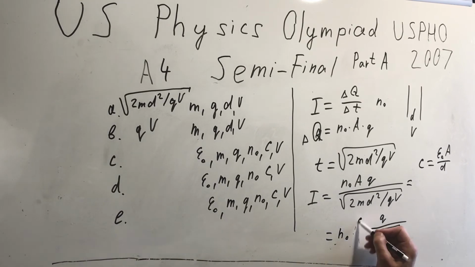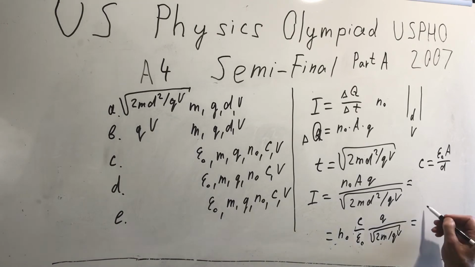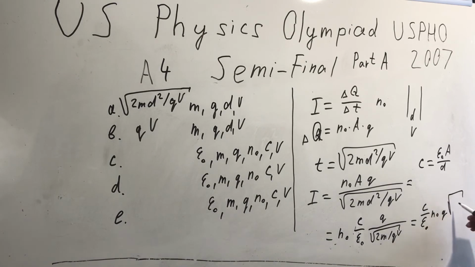So finally we have C over epsilon 0 times n0 q times the root of qV over 2m.